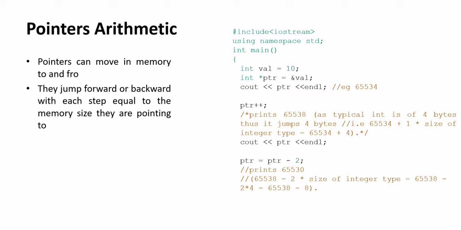Now, ptr equals ptr minus 2. The pointer moves backward by 2 times 4, that is 8 bytes. So the new address becomes 65538 minus 8, which will be 65530. The important rule here is that pointer arithmetic depends on data type size. This concept is extremely important for arrays.